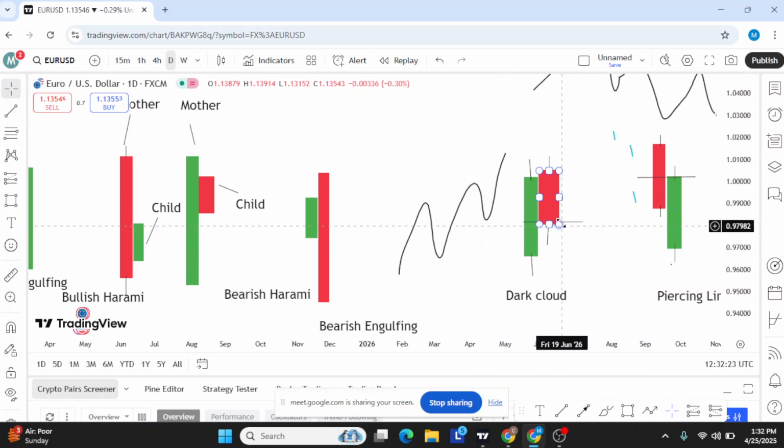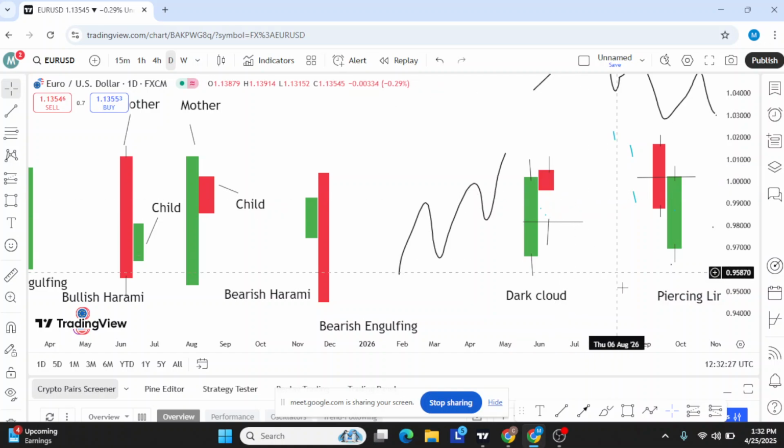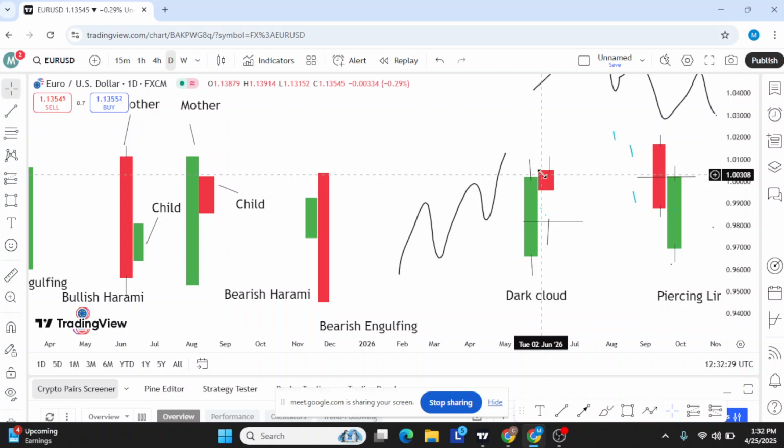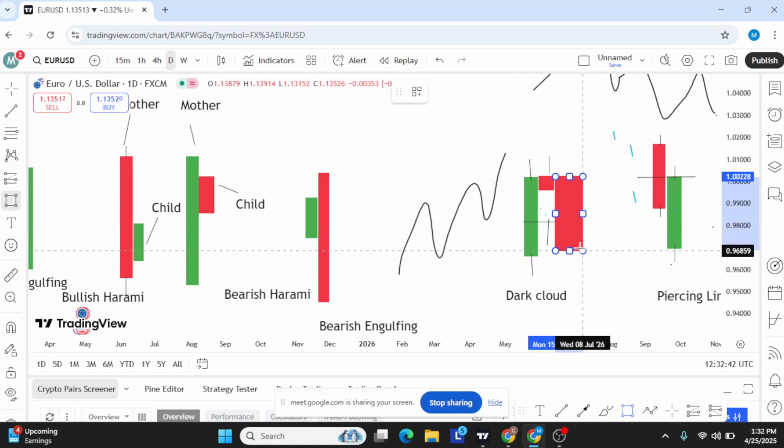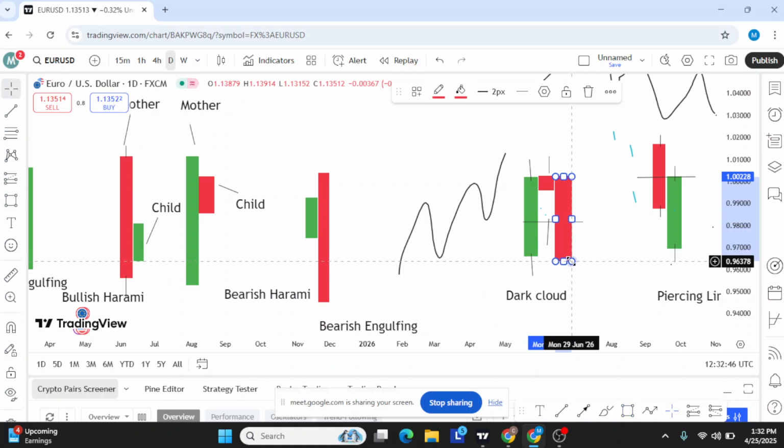Sometimes if this closes as a bearish Harami, like the example I gave of the bullish one, and we still don't want to make our decision, we can always wait for the next candlestick to form. And with the next candlestick forming and giving us this kind of closure, what does that tell us?